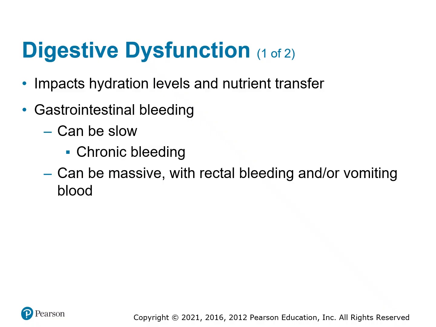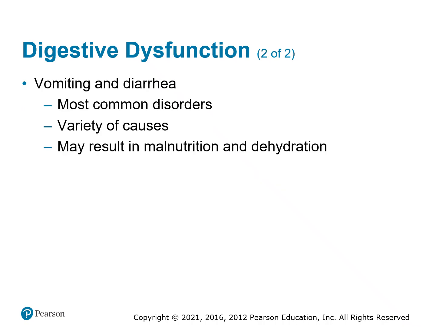There can be chronic bleeding in ulcers, which would lead to hemorrhage, rectal bleeding, vomiting blood. That might lead into hypovolemic shock. With the GI system, you'd be thinking, okay, this might be something hypovolemic, whether it's bleeding or fluids.